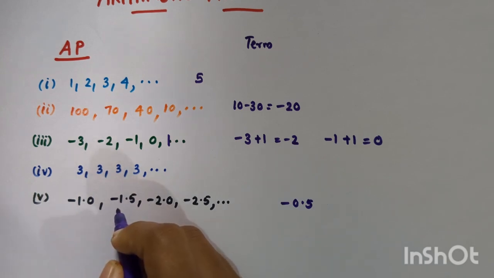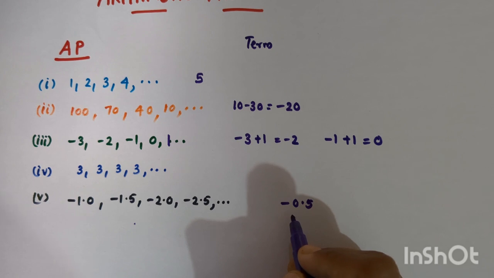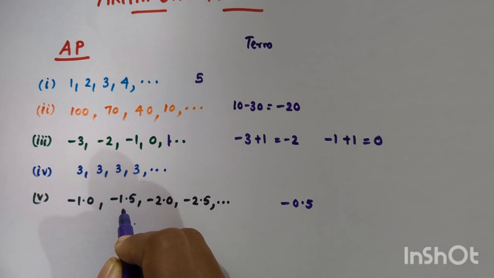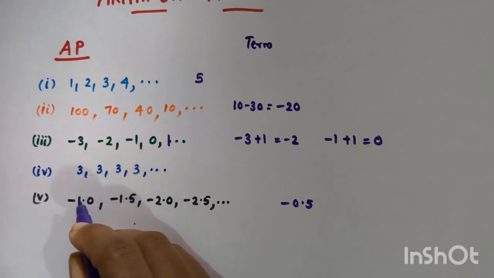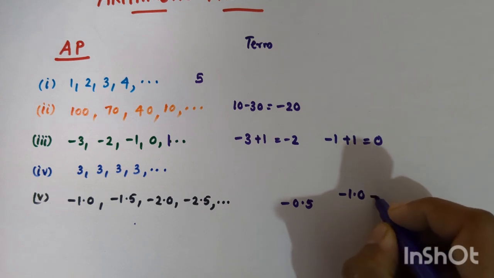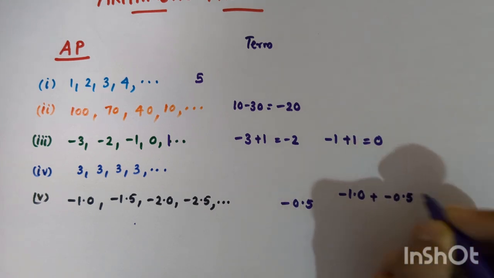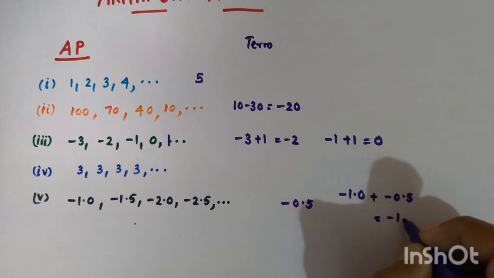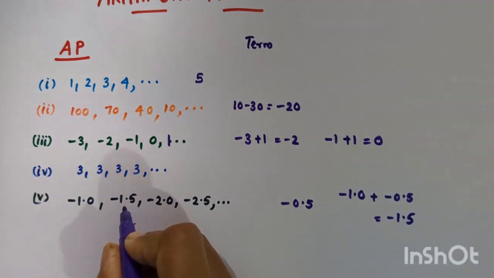That is, each term is obtained by subtracting 0.5 from the term preceding it. If you consider the second term, minus 1.5, its preceding term is minus 1.0. And if you add minus 0.5 to its preceding term, minus 1.0, you will get minus 1.5, that is the second term.